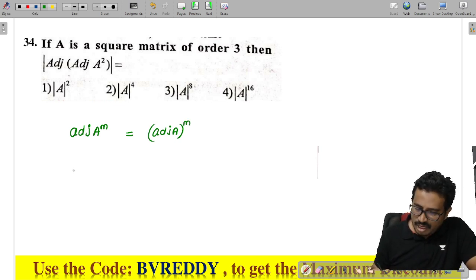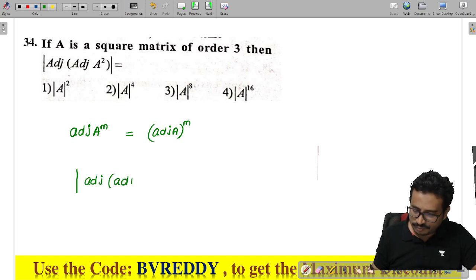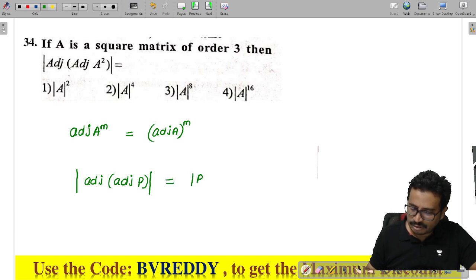And the determinant of adjoint of, let us say here, some P matrix, is determinant of P whole power n minus 1, where n is the order of the square matrix.